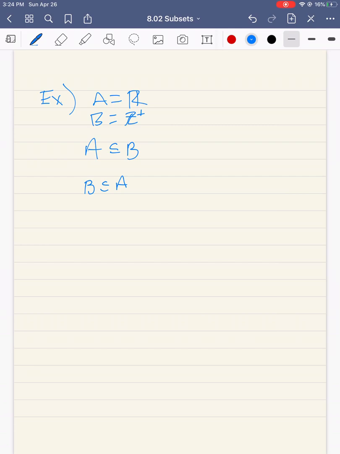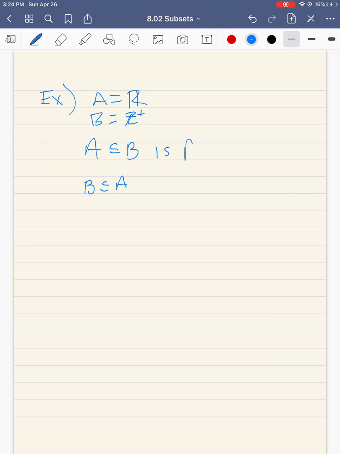Is 0 in R? Well, let's pause, because this statement here is saying that we have a least restrictive set, R, being a subset of a more restrictive set, and that's not going to be the case. So we can just find a counterexample. We can use pi again, that's fine with me.